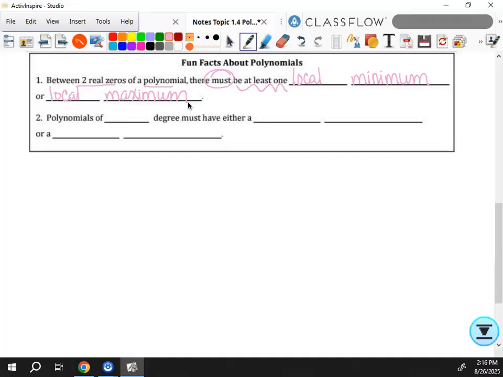Basically, I have to turn around to come back, right? I have to have at least one. Then polynomials of even degree must have either a global minimum or a global maximum.